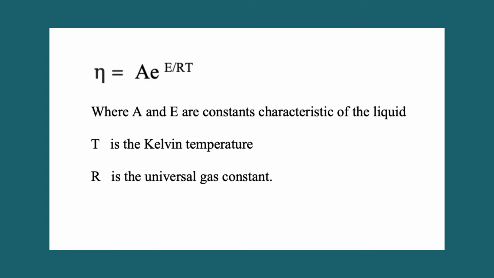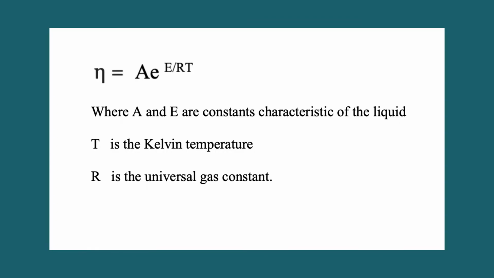The equation is given as eta equals A e raised to E by RT, where A and E are constants characteristic of the liquid, T is the Kelvin temperature and R is the universal gas constant. E is in fact called the activation energy for the viscous flow.